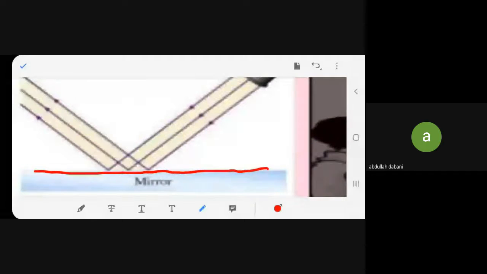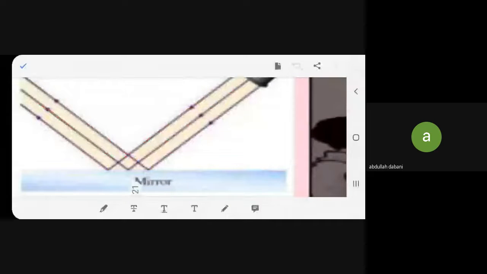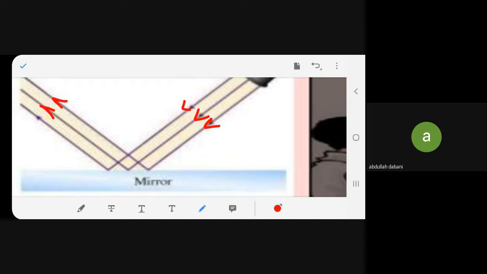Okay. Now this is a torch. The incident ray is falling. It gets reflected. This ray is falling, this gets reflected. This is falling, this gets reflected. Now it is uniform. Can you see the uniformity? These arrows say that it is incident. These arrows say that it is reflected. You agree?